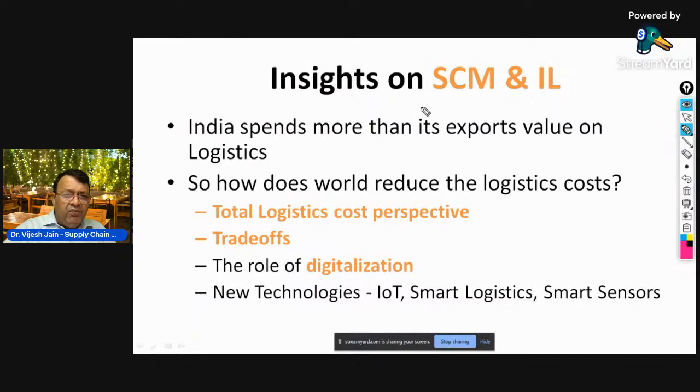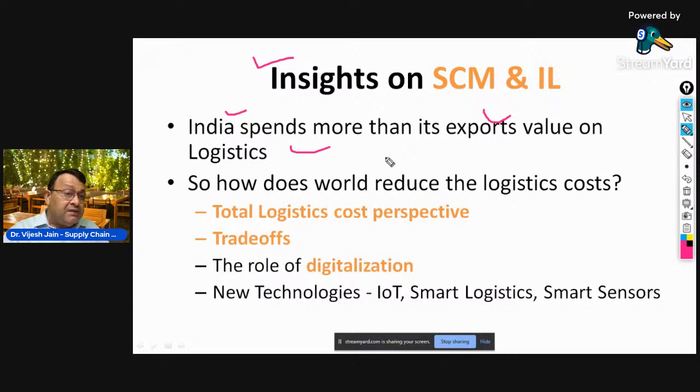If we have little more insights on international supply chain management and international logistics, in one of my earlier sessions, I had shared with you that India is spending more than its export value on logistics, overall logistics. So I had shared with you that the cost of logistics in India is almost 14.4% of the overall GDP of India.